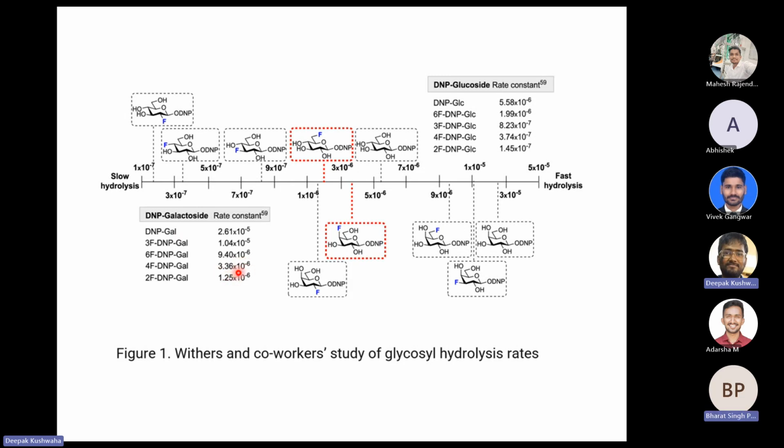If you see first, coming to glucose, C6 has the minimum and C4 the maximum in the other way. C6 hydrolysis is more than C4. So they are just comparing C6 and C4.